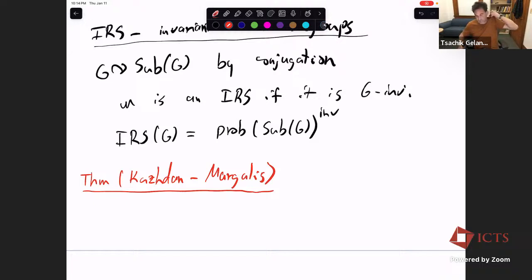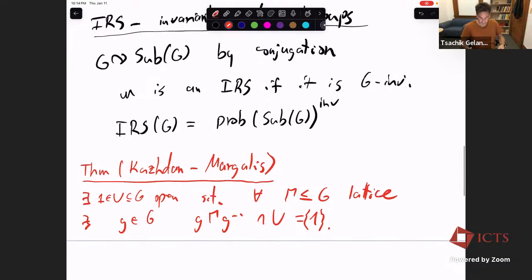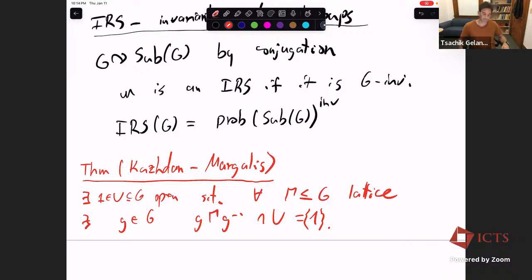And they show that there is a lower bound on the covolume of lattices, but more precisely, they show that there is U inside G open, such that for any lattice gamma in G, there is a conjugate g gamma g inverse that intersects U trivially.